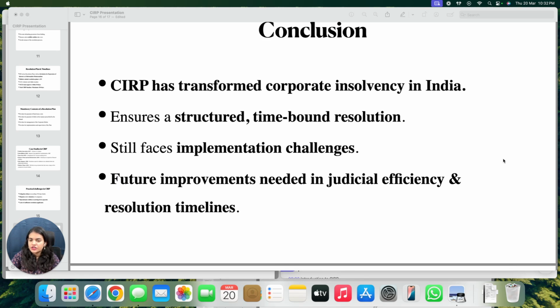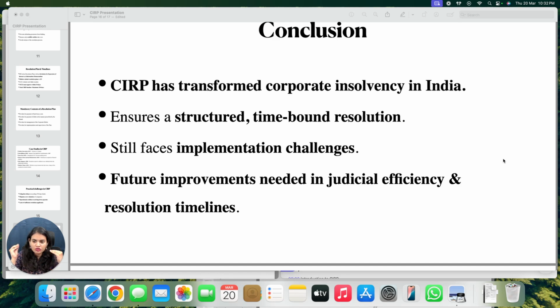However, introducing the CIRP mechanism has transformed the insolvency procedures in India drastically, and I would say it is for the better. Even the code might need a little bit of fine tuning, but the CIRP process aims for an overall economic development rather than benefiting the interests of a single individual or an entity.